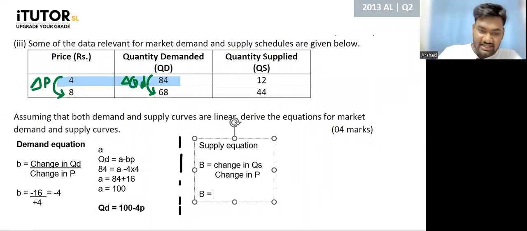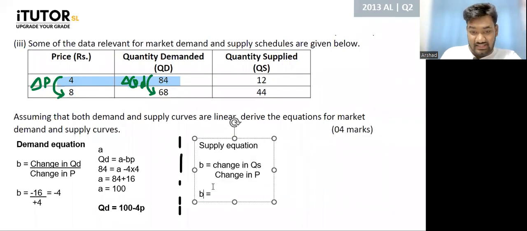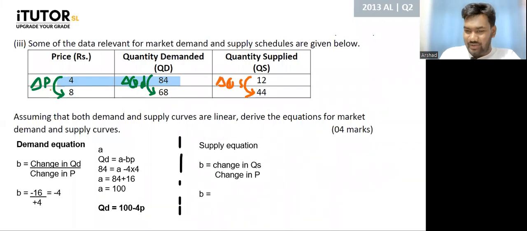So how much is my change in quantity supplied? Let's take the 2 points that are given here. The change in quantity supplied is 12 going to 44. That is my change in QS. Change in price, 4 going to 8.